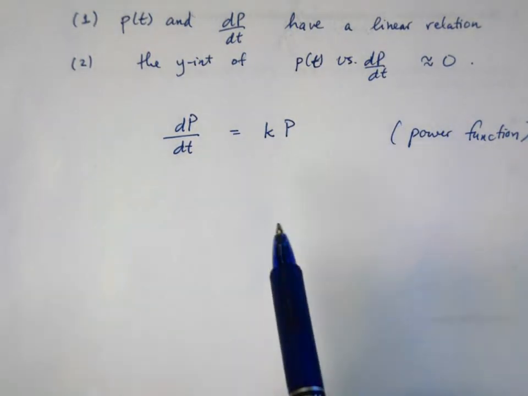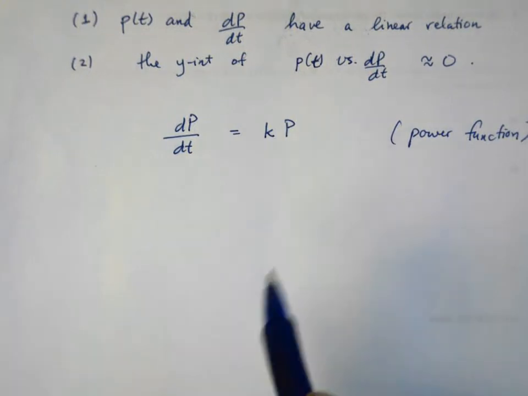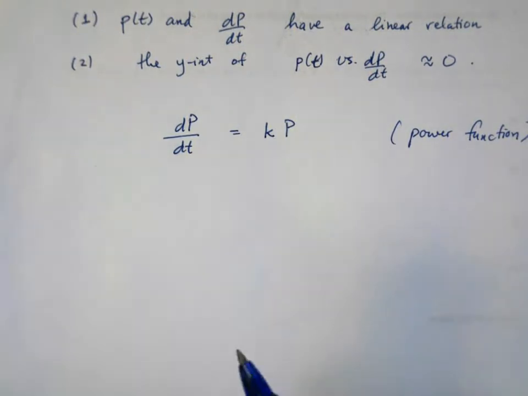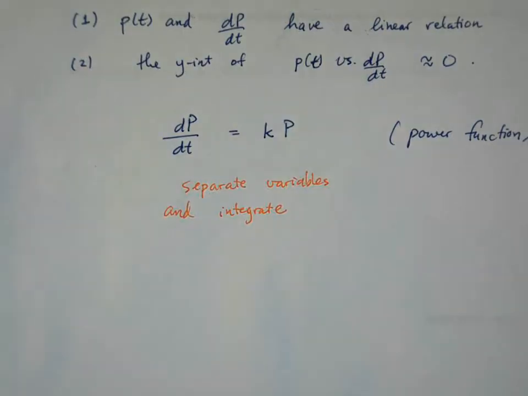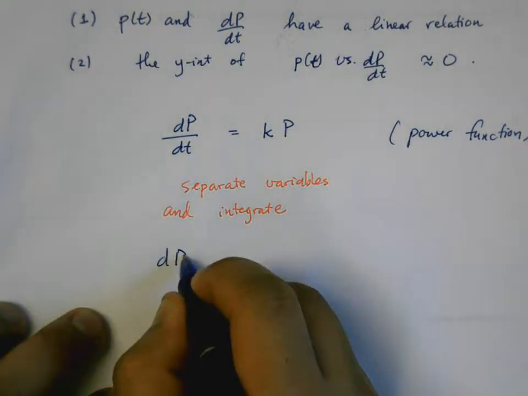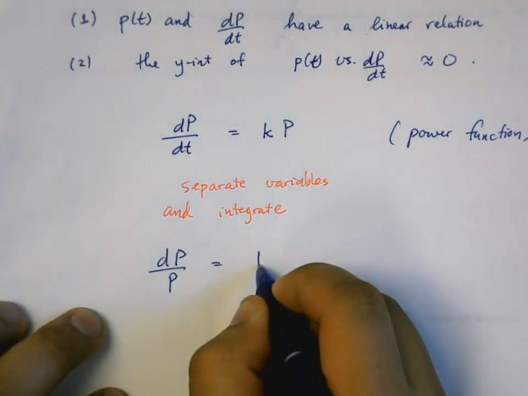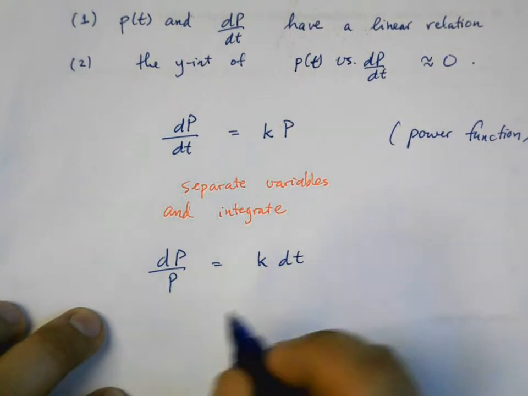And actually, from this point onwards, we can figure out what P of t is equal to. And to go from this point on, it's not much different from what we've done before. We start out by separating variables, and then integrate. So we get dP over P is equal to K dt.